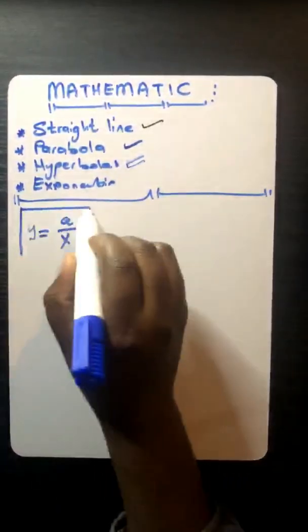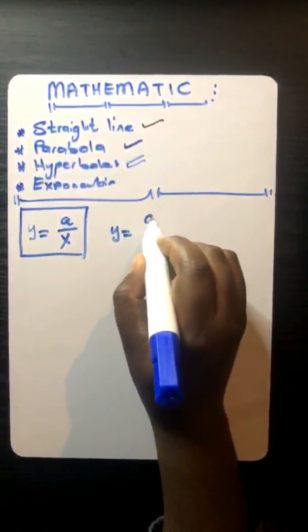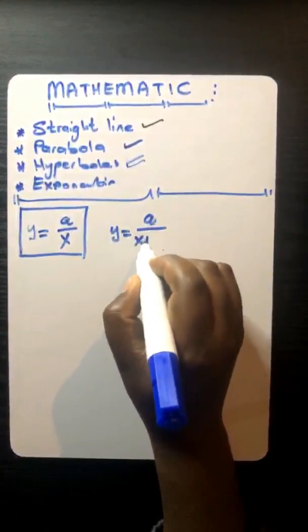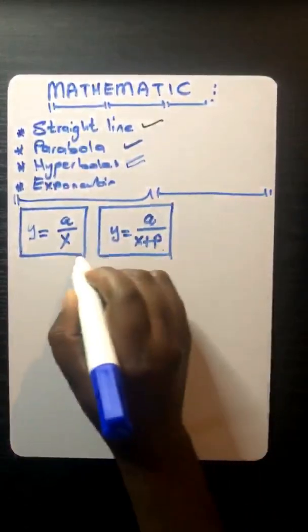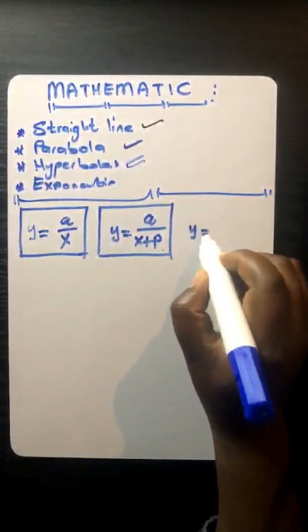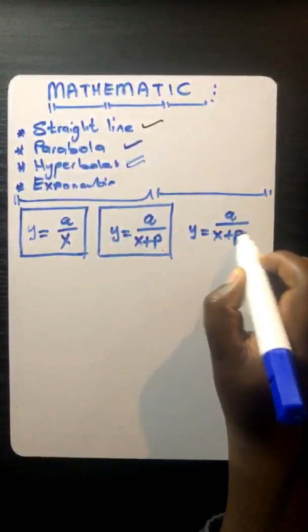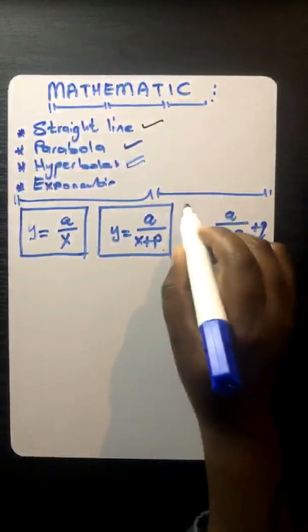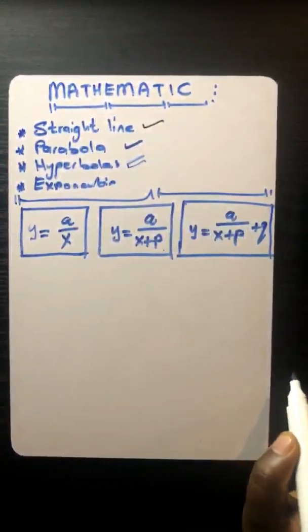Then over time we realized that this can be a over x plus p. Later, at the grown-up stage, we now have that plus q. Can you see the difference there? We just add q over there.